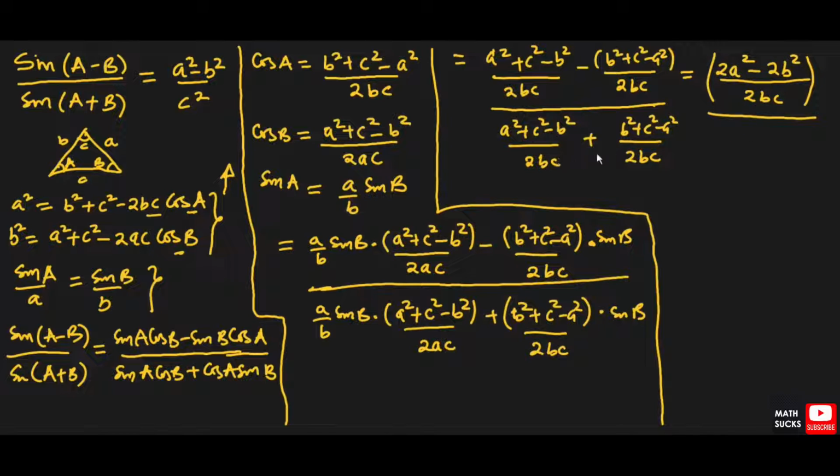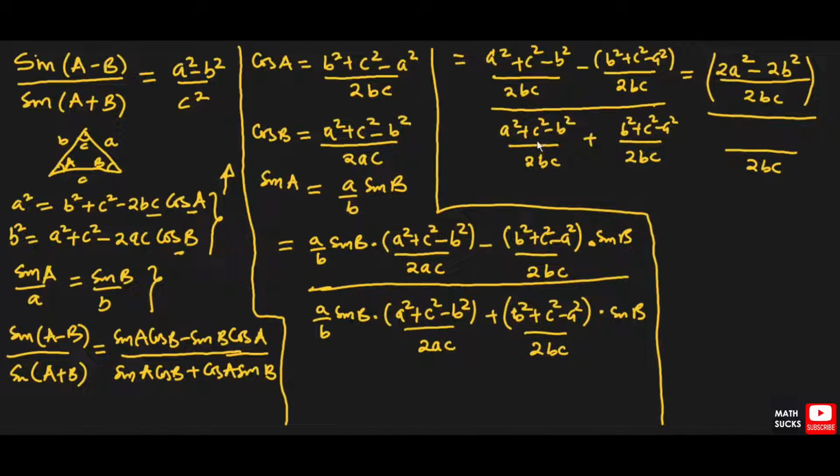Then let's look at the lower part. The lower part is almost the same, but the only difference is that we are adding here, so let's see what happens when we add. This is over again 2bc. When you add, you can see that this is a squared, and this is minus a squared, so that will cancel since we have the same denominator. And then minus b squared is positive b squared, so this is going to cancel with that.